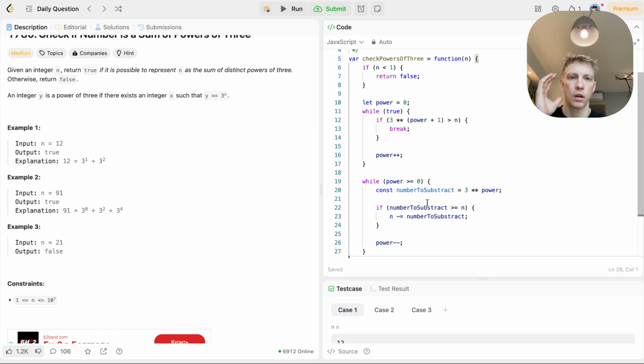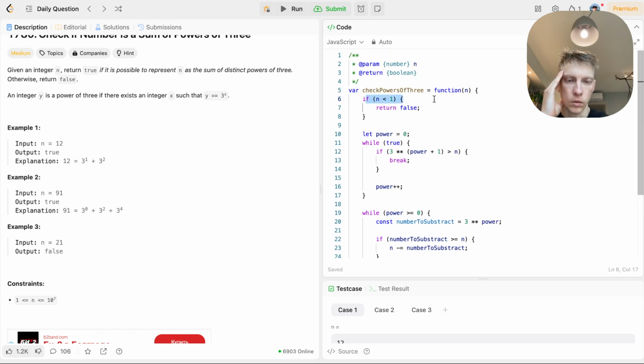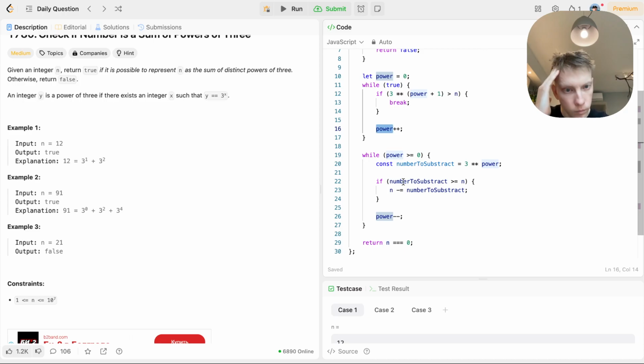If less than 1 return false, then we're looking for the max power that we can subtract. After that, we're starting to subtract the numbers less or equal to n. Then we are subtracting it, and after that we're decreasing our power.